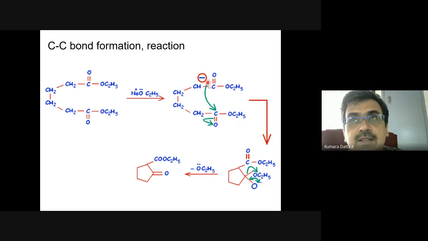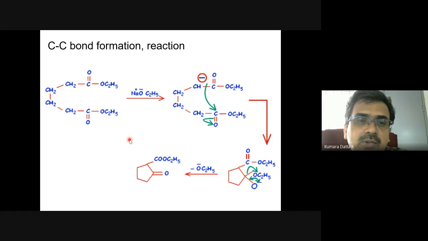You can see this ethoxide unit will be cleaved, or the ethoxide ion will be free, and you can see how the carbon charge creates, and then it forms a pentacoordinate, five coordinated system like this. Once the ethoxide ion is lost again, you will get the carbonyl compound.